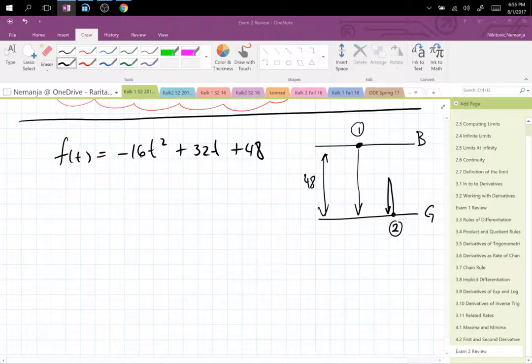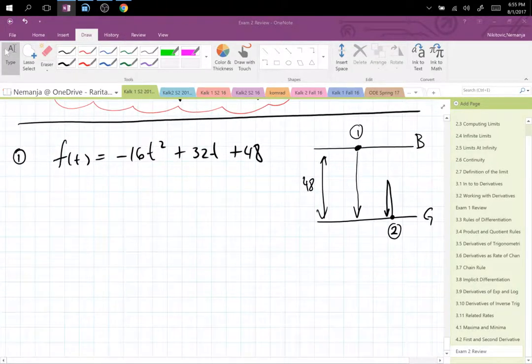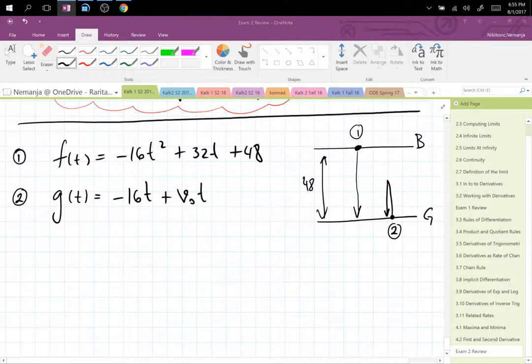So rock number 1 has the equation of this, and rock number 2 must have an equation, that's g, again happening on Earth, plus we are trying to figure out which velocity we need to use, and since it's thrown from the ground, the height is 0.